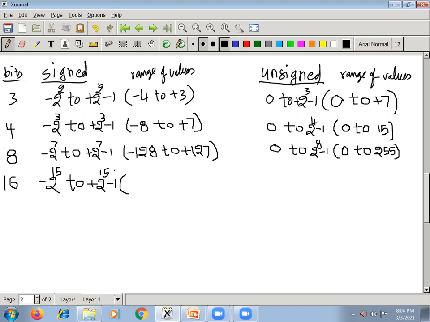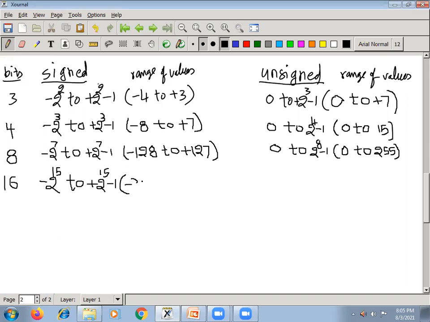Can you just post in the chat box what is the value of 2 power 15? Yes, 32,000. 2 power 7 is 128, 2 power 8 is 256, then 512, then 1024. Like this, if you go, then minus 2 power 15 is minus 32,768.